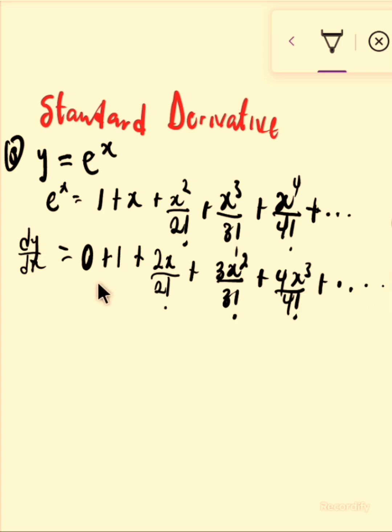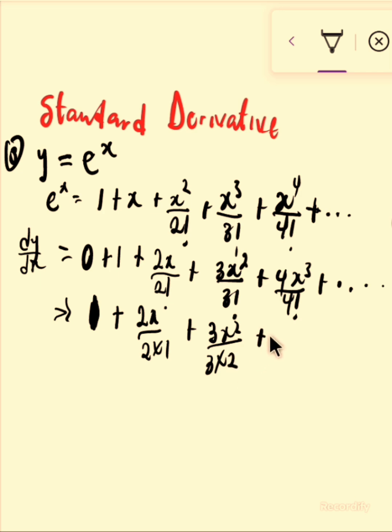This implies that our dy/dx will be 0 plus 1, which gives us 1. Then 2x over 2 factorial, that is 2 multiplied by 1, so 2 cancels 2. Plus 3x squared over 3 factorial, that's 3 multiplied by 2 multiplied by 1, plus 4x to the power of 3 over 4 factorial, 4 multiplied by 3 multiplied by 2.